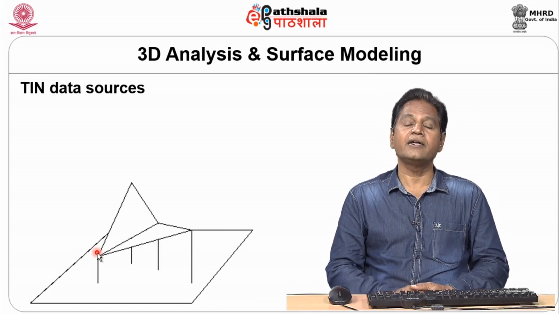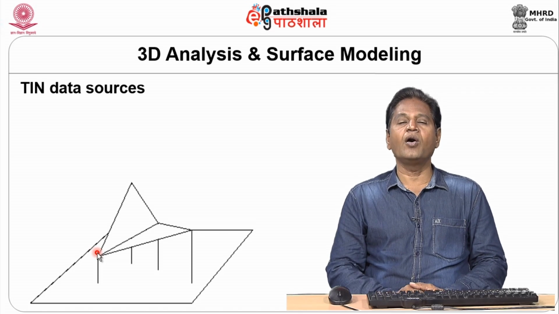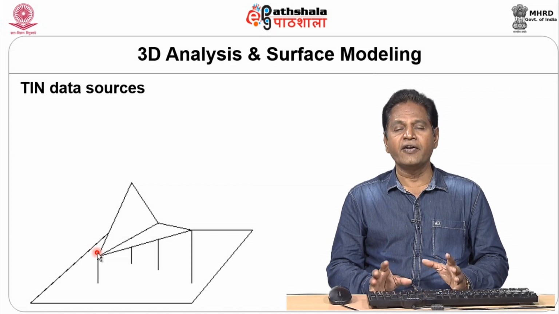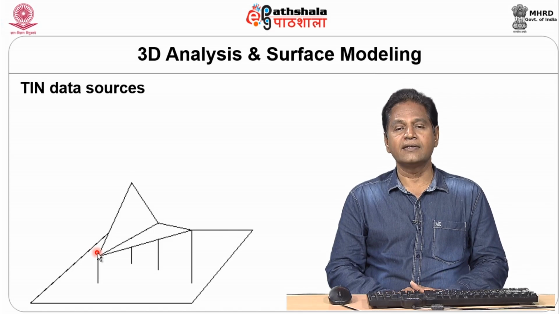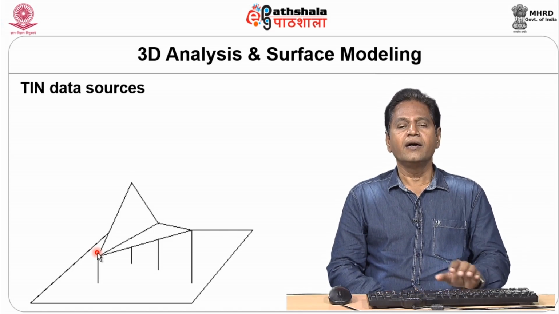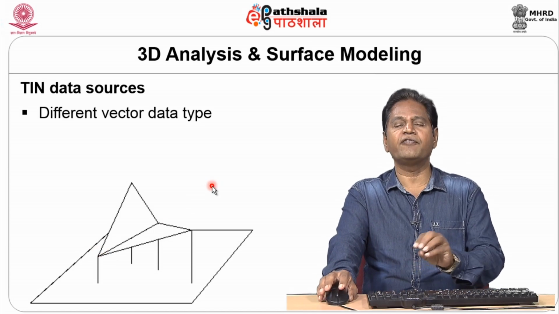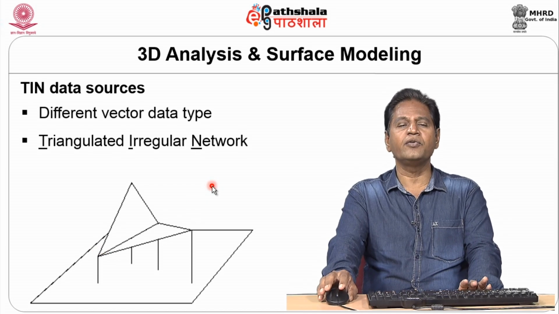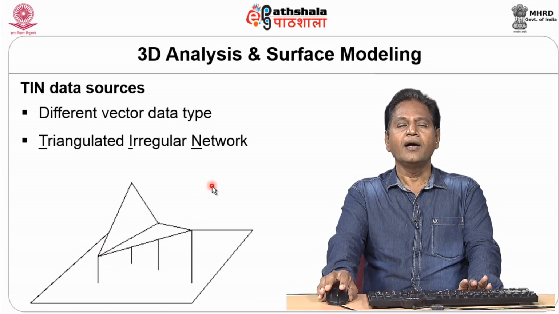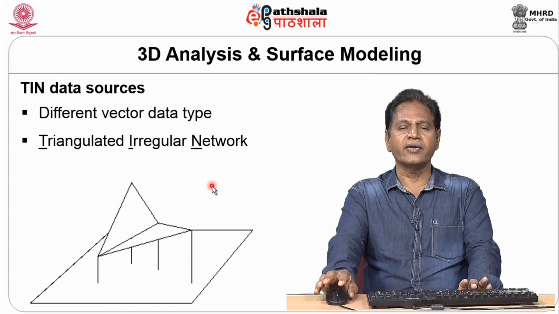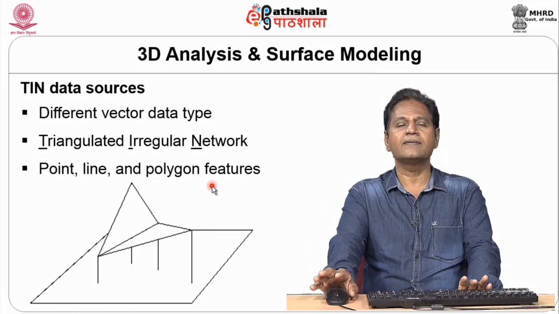Well, coming back to the TIN part of it, it joins all points of different elevation into triangles. Just join 3 points, obviously you will get a triangle. Then that is generated, and you use different types of vector data for doing that. As I was telling you, a triangulated irregular network is the creation of an irregular network of triangles.